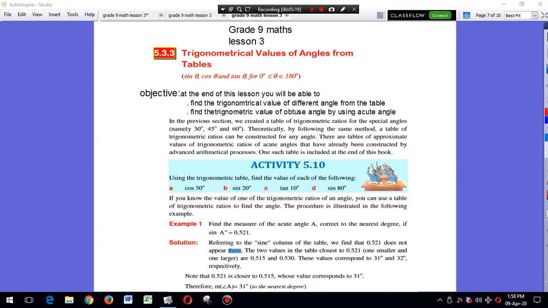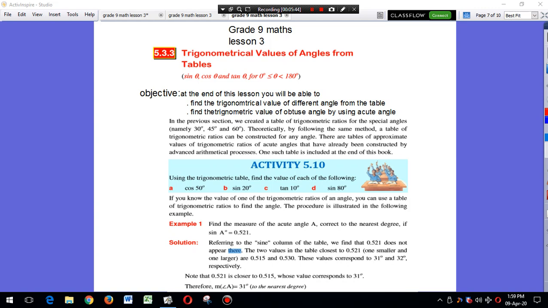Note that 0.521 is closer to 0.515, whose value corresponds to 31 degree. Therefore, the measure of angle A is equal to 31 degree to the nearest degree. If you round it to the nearest degree, it becomes 31 degree.